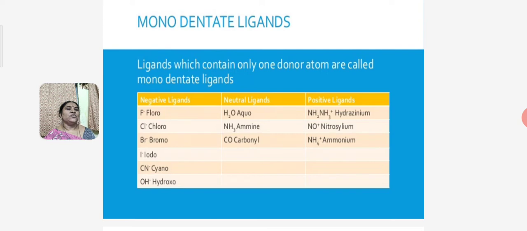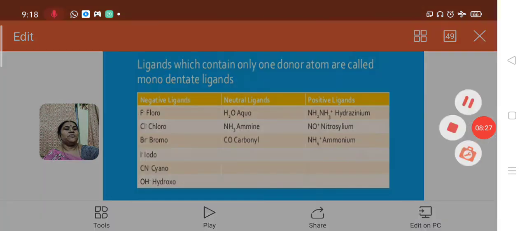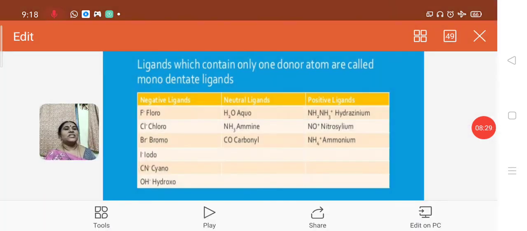So they are neutral ligands and unidentate ligands. Nitrosonium ion, ammonium, and hydrogenium ion are unidentate ligands which have positive charge.